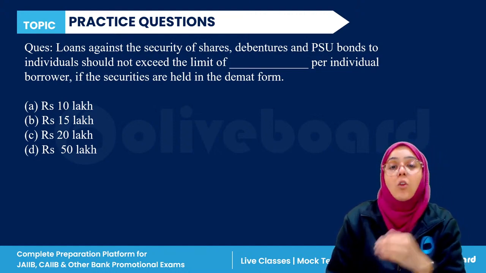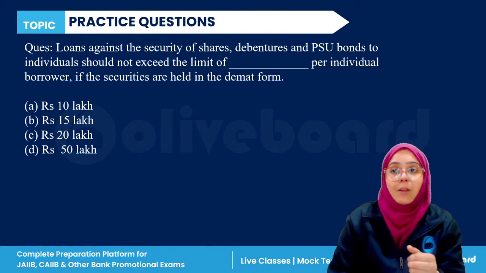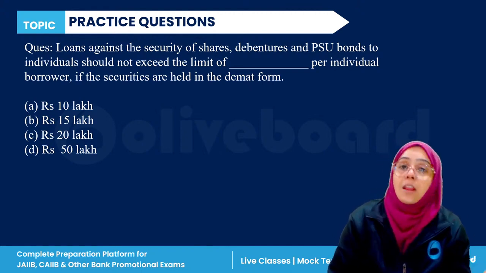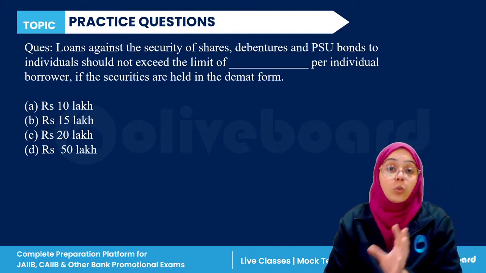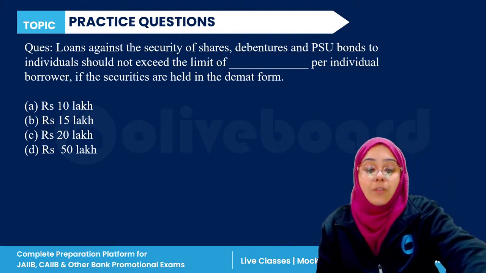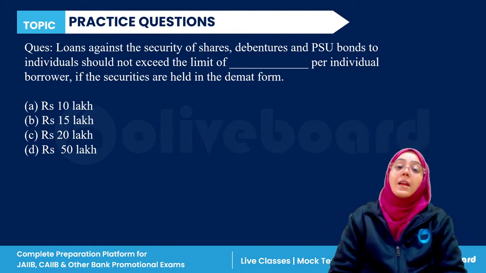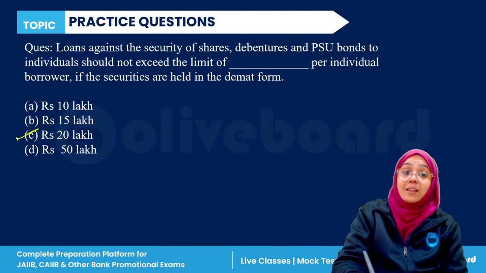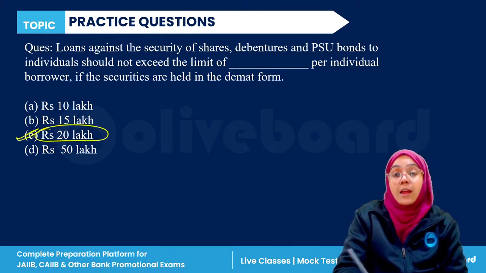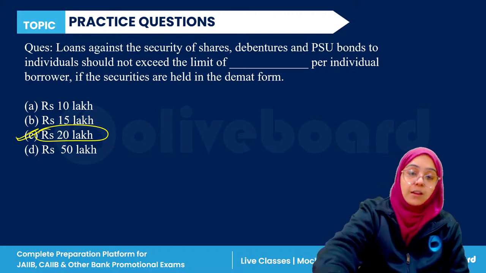If you are not answering, there is nothing wrong, just relax, because when you study theory, you will relate to these questions. If we talk about loans against the security of shares, debentures, and public sector bonds, the limit is rupees 20 lakh if the securities are held in demat form. So C is the correct answer.